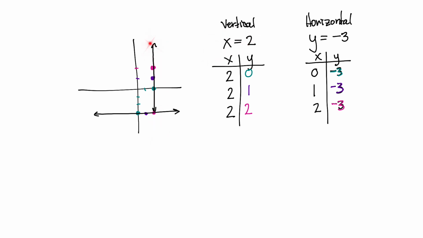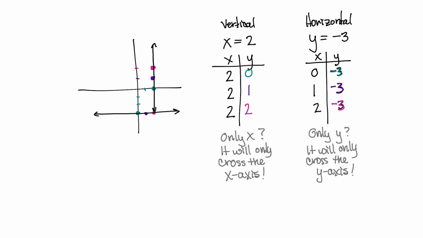So it has to be up and down. It parallels the y-axis. Because this equation is y equals, it's going to cross the y-axis and never x. So only x means it will only cross the x-axis. Only y means it will only cross the y-axis.